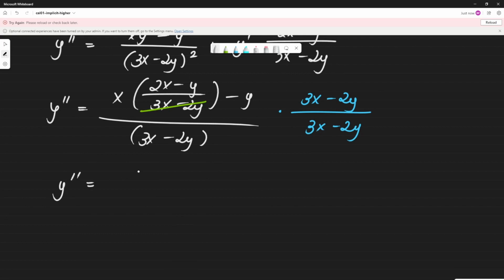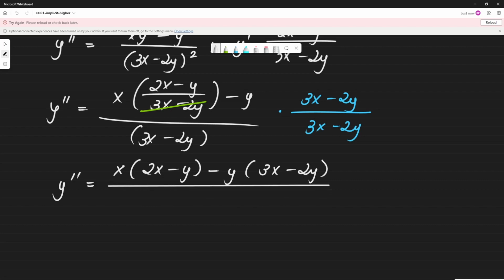Okay, so we will have y double prime is equal to x times 2x minus y, minus y times 3x minus 2y. Kasi, di ba, yung y naman ay walang denominator na 3x minus 2y, so need natin mag-multiply. So, this is all over 3x minus 2y quantity, ano na siya? Cube na siya, kasi nag-multiply ulit tayo ng 3x minus 2y sa denominator.